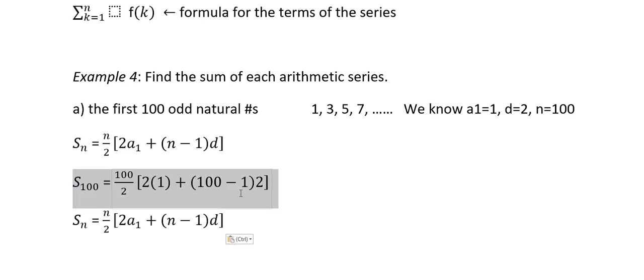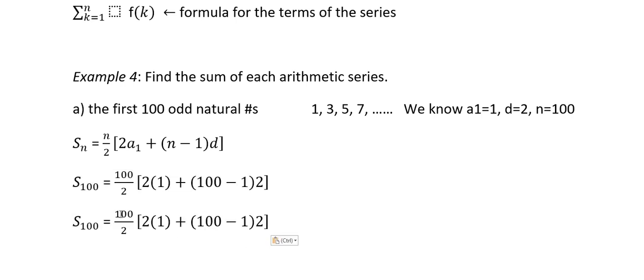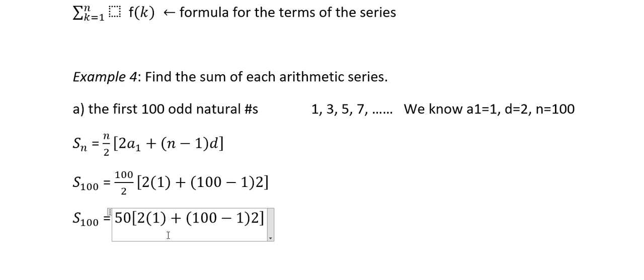Oops, excuse me, I meant to copy this. Okay, so let's change this out. This just becomes 50. This is just 2 times 1, which is 2. 100 minus 1, well, that's 99.